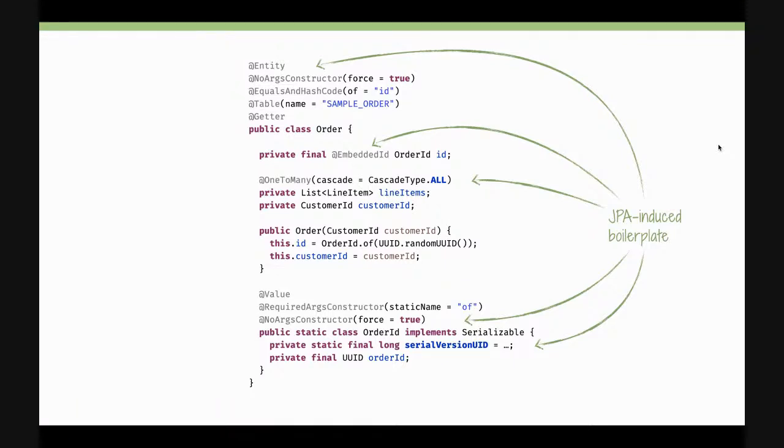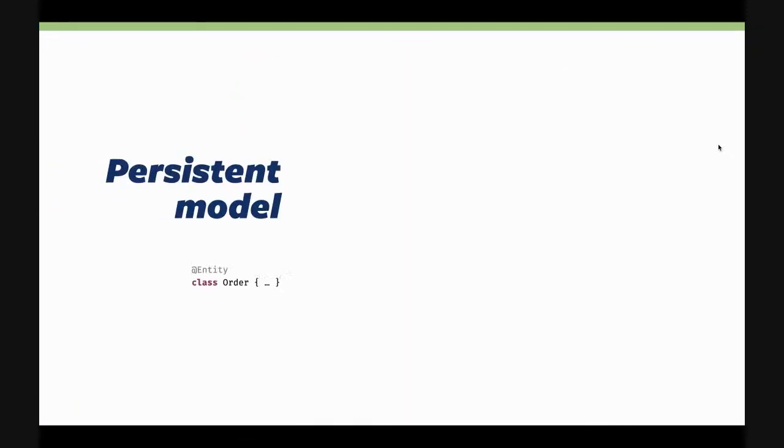So one argument to this is, what are we looking at here? We're actually looking at a persistent model. So we have our order model implementation, and we decided to use JPA right on the actual order aggregate class implementation. That's what I call a persistent model. That's often frowned upon for exactly the reasons that you've just seen, right?